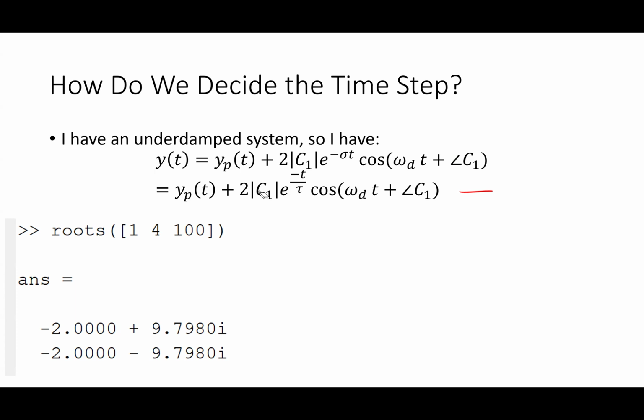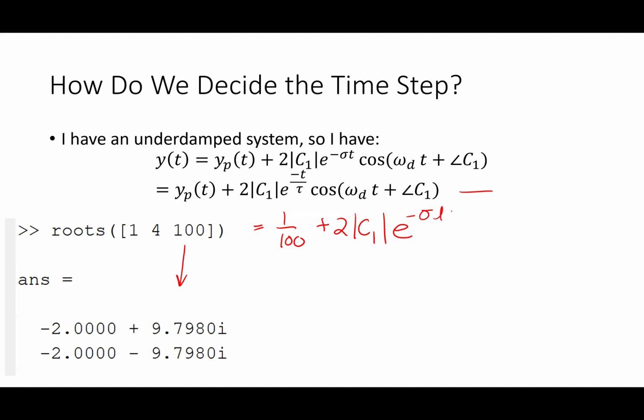All right, so I had MATLAB tell me what S1 and S2 are. Those are S1 and S2. So real quick, this would be a constant. We said the steady state was 1/100 plus 2 times whatever the magnitude of C1 is. I don't know what it is, and I don't care.